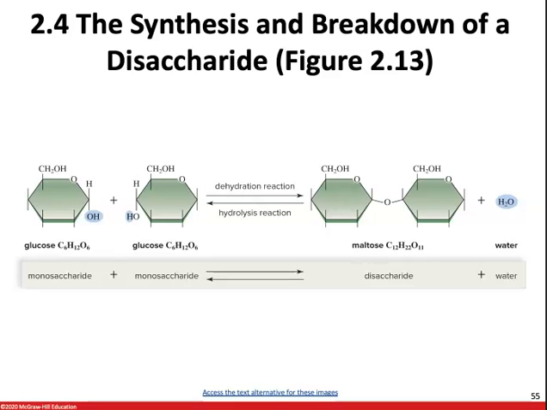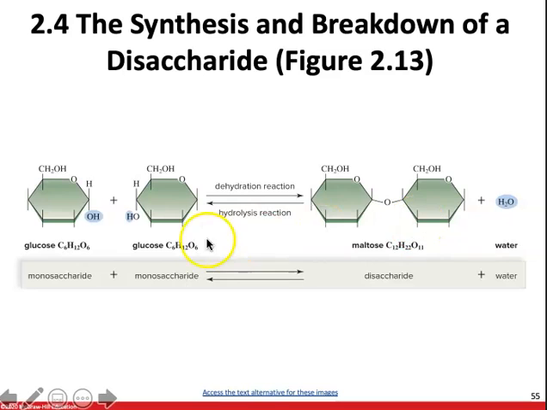So here's how we synthesize and break down a disaccharide. Here we have 2 glucose molecules. We're going to be making maltose. And the way that we are going to bring them together is through a dehydration reaction. In a dehydration reaction, we're going to strip off the hydroxide ion here and a hydrogen ion from here.